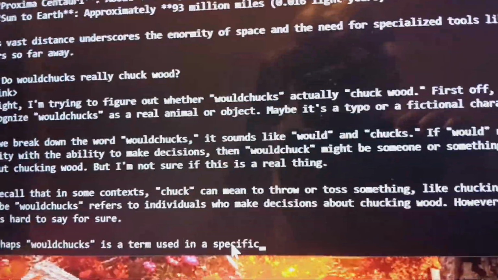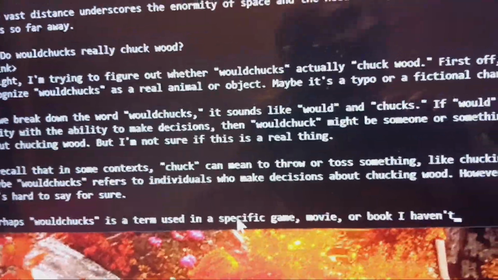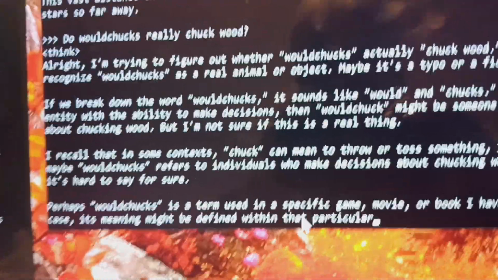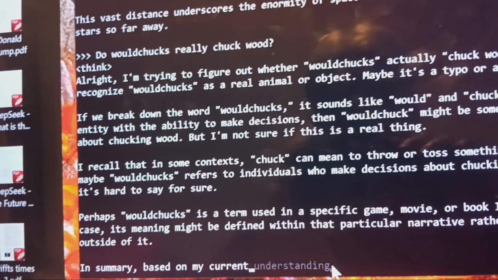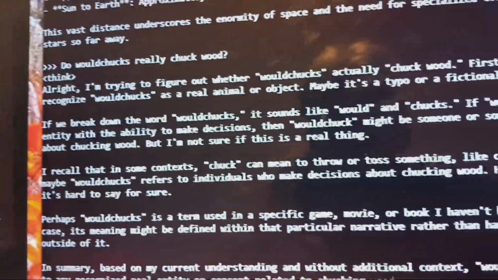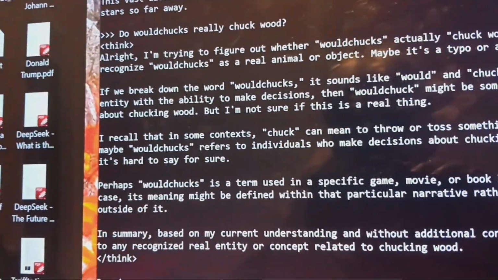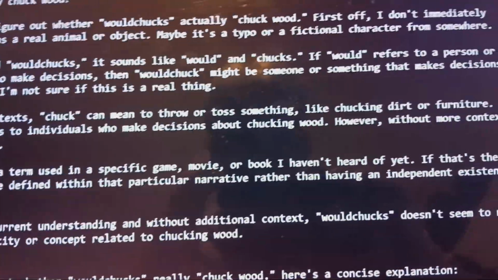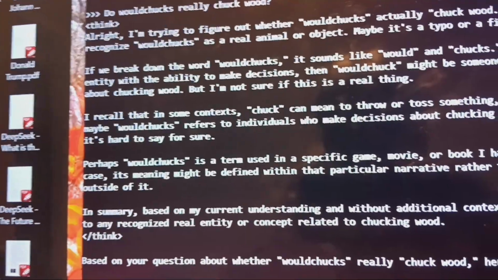Okay, it's going on. But basically, sooner or later, it's going to ask itself, I would assume, did I mean woodchucks? W-O-O-D. Right now, it still doesn't understand what to do with that word. Okay. Apparently, it didn't make the actual connection on that one.